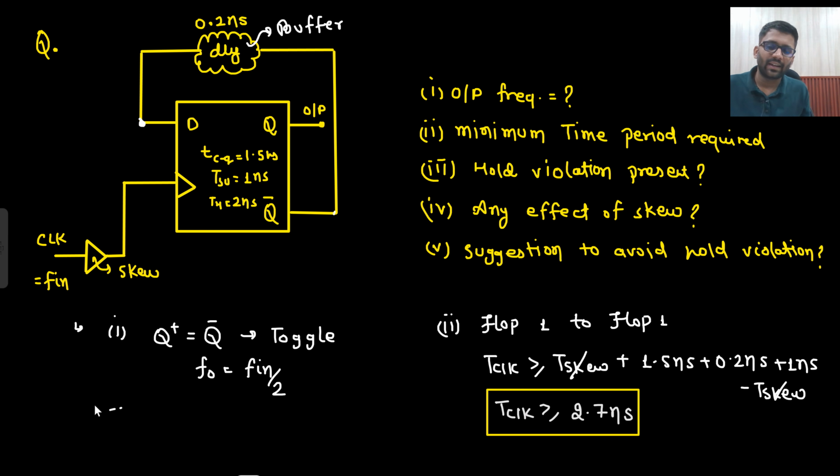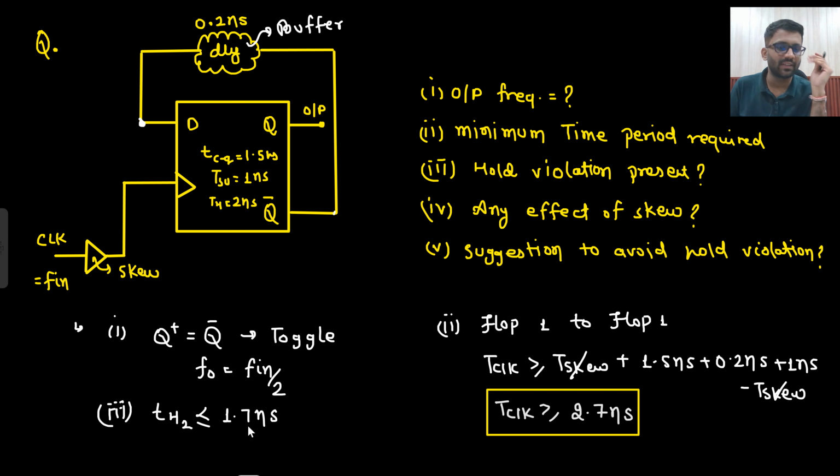Now, is there any hold violation? So what is your hold requirement? Hold requirement will be the same as that, just this setup time will not come. So your hold should be less than T skew, and T skew here also will be getting cancelled. Only this setup time will not come. So it should be less than 1.7 nanosecond.